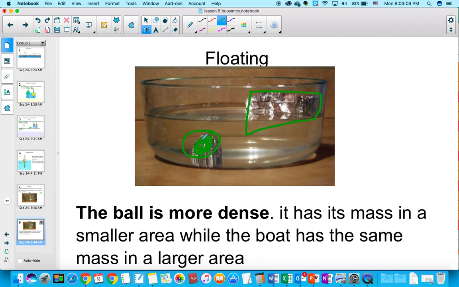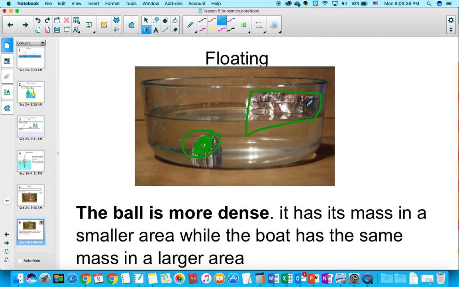So there's more matter in a smaller space, so it's more dense. While this boat has the same amount of material, but in a larger space, so it's less dense. So the ball is more dense, and so it sinks, and the boat is less dense, and it floats.